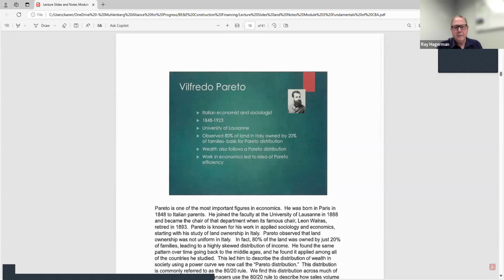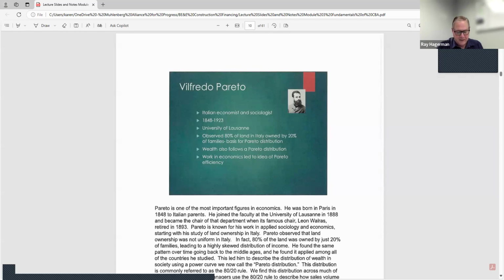And the thing you need to remember, and it's on the next slide as well, is that it's an allocation of goods whereby if you move from one point to the other, you make one person worse off if you make one person better off.